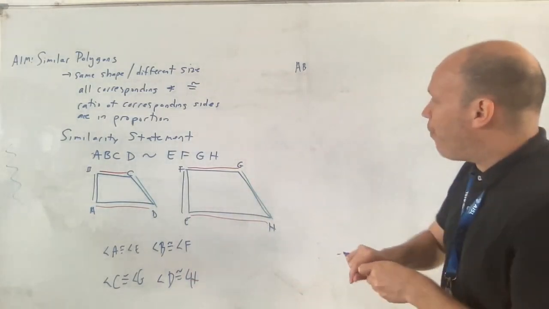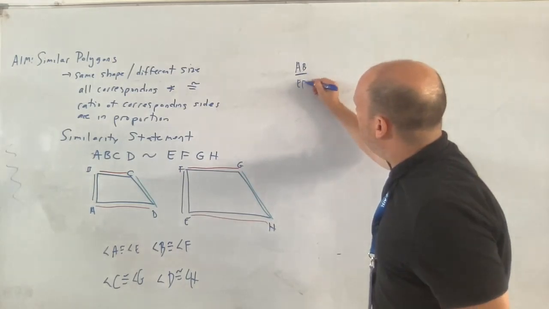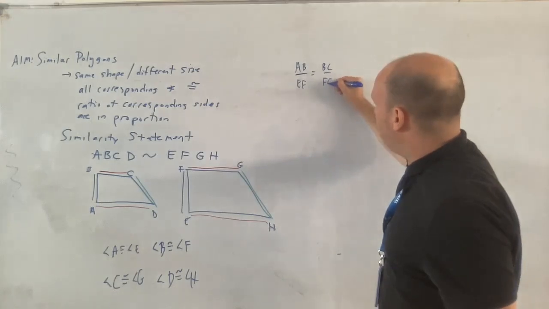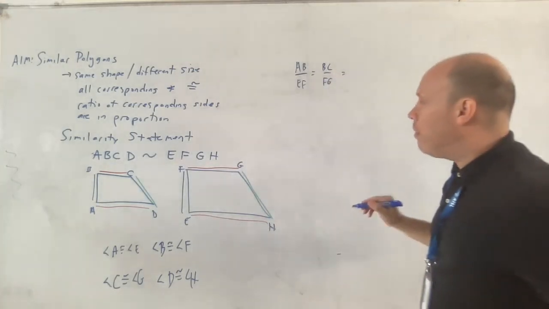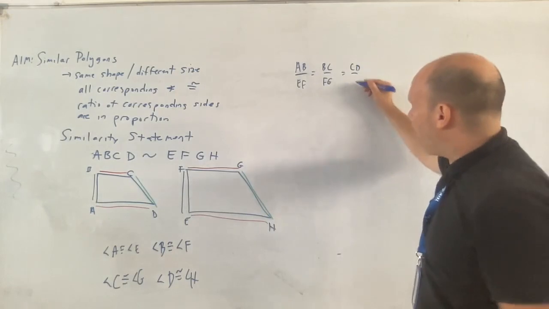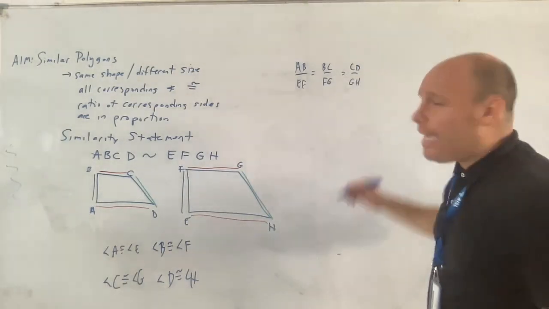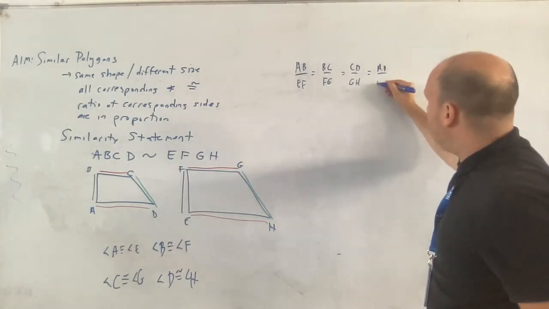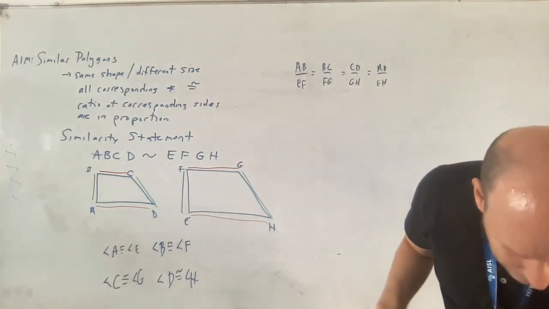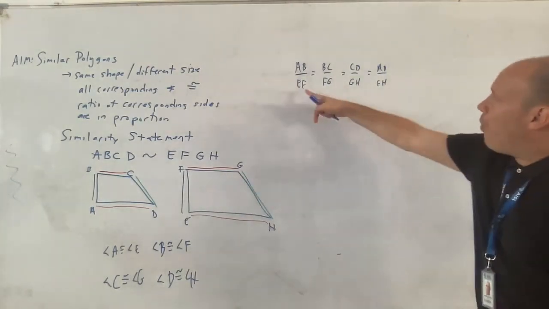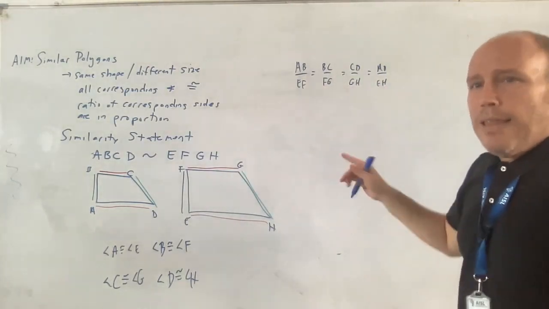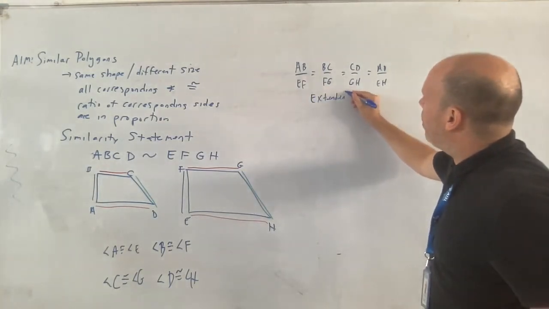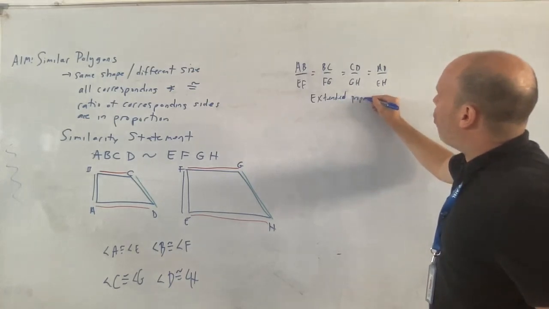AB over EF is equal to BC over FG is equal to CD over GH is equal to AD over EH. Okay? And the idea is all these ratios are in proportion. This is known as an extended proportion.